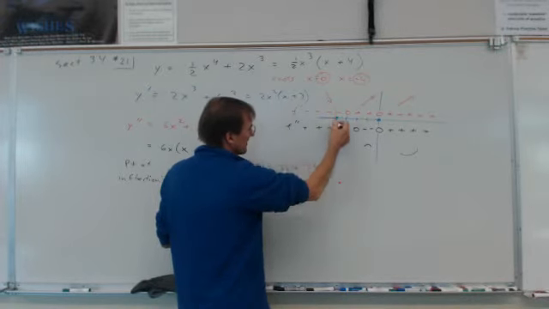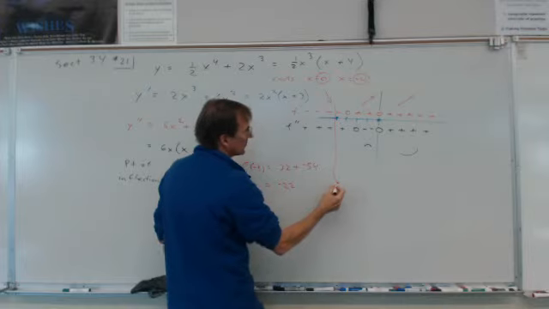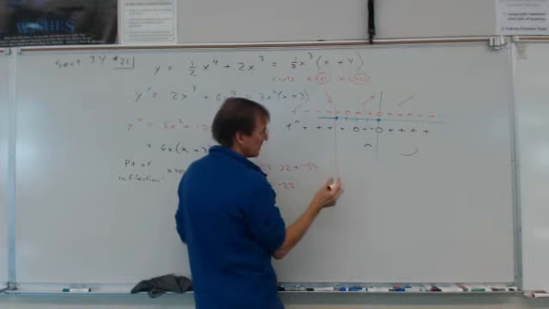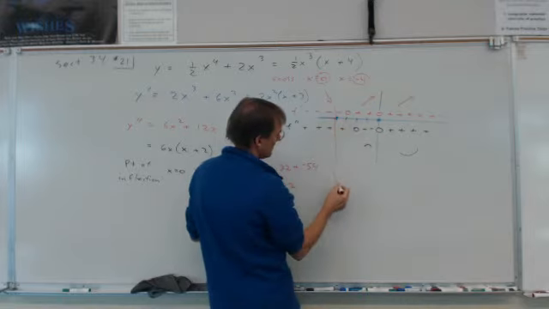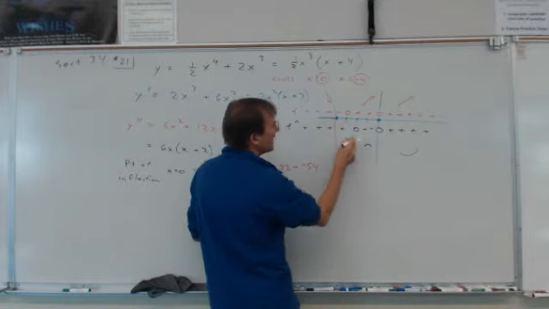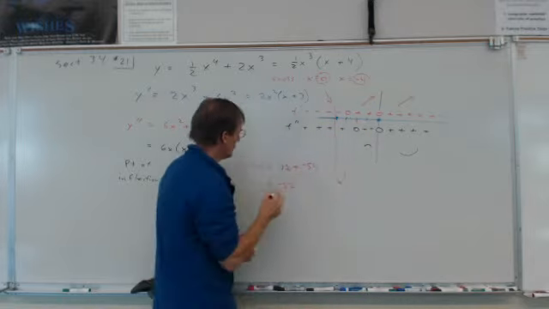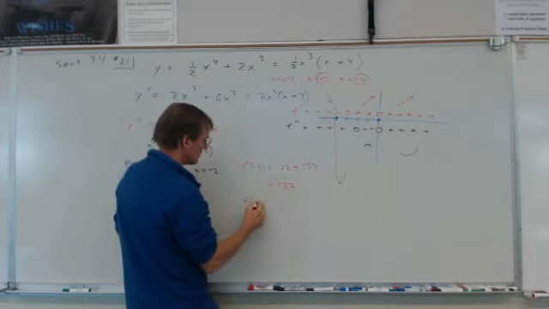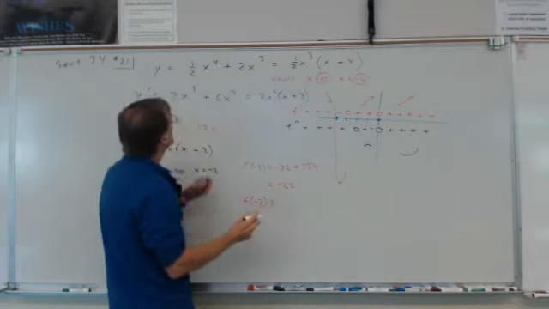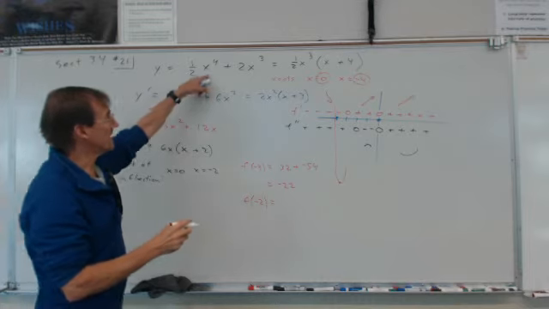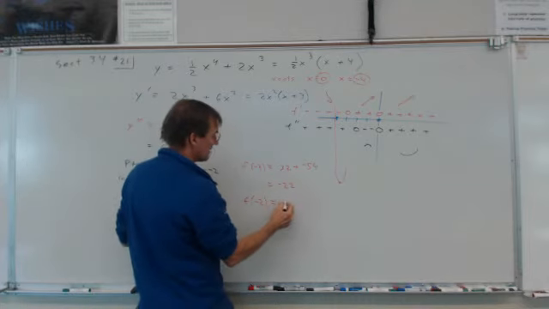It's going to be coming down like this. It reaches 0 at that point. It's concave up right here. It goes back up. At this point, -2, let's see what f is there. This will be -2 to the 4th is 16. Half of that is 8.